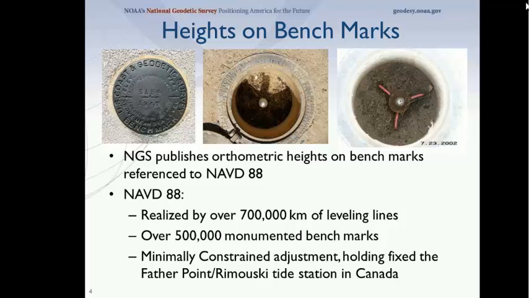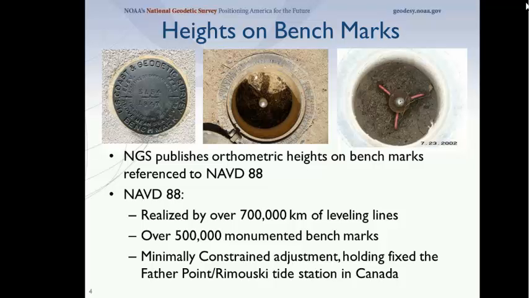We derived the heights on these benchmarks back in the late 80s and early 90s. We combined over 700,000 kilometers of leveling that had been done primarily from the 1920s to the 1980s, across our nation, between over 500,000 monumented benchmarks.